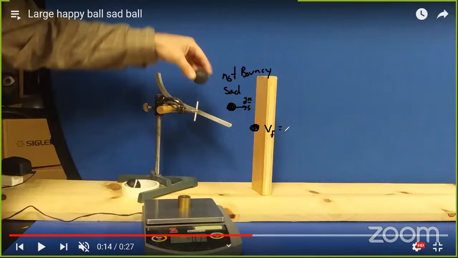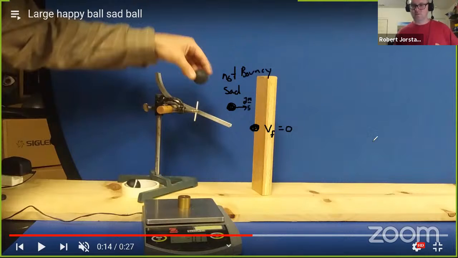0. Now compare and contrast that to another scenario wherein we've got this other ball. It's going to move again at the same speed, 2 meters per second, but it's bouncy. It's going to hit the board right here, and it's going to bounce backwards.